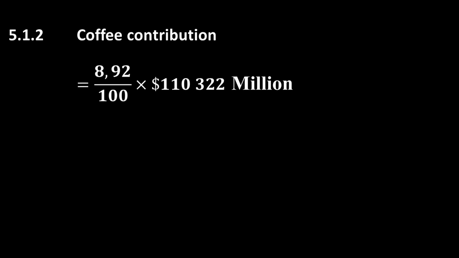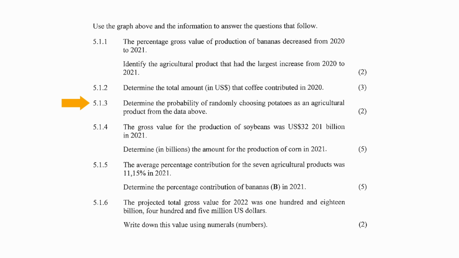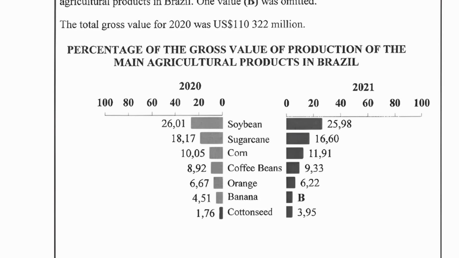This means that the dollar value that coffee contributed in 2020 was 8.92 divided by 100 multiplied by 110,322 million, and this equals 9,840,722,400 US dollars.